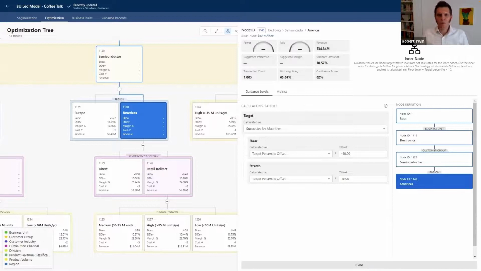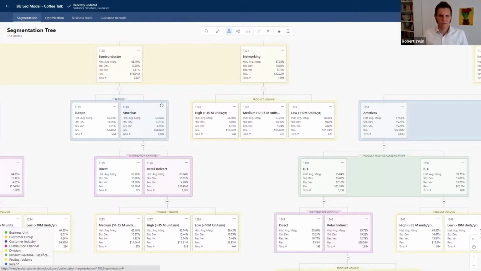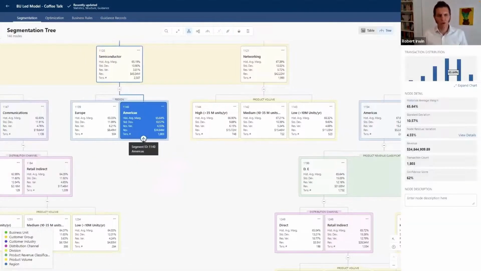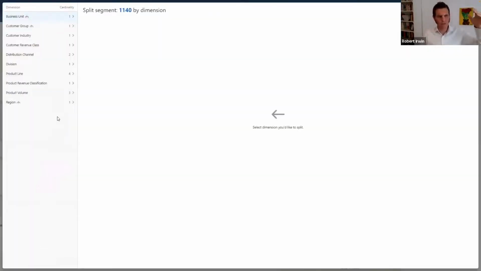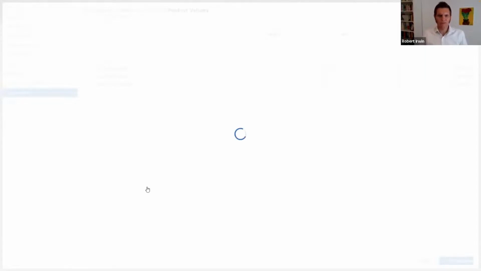So I will be able to go into the model, delete the subtree, and then have the algorithm rerun at this level. So delete the subtree. I can either rerun the algorithm or I'm able to use my business insight. So I want, for example, to manually insert product volume into the model at this level.